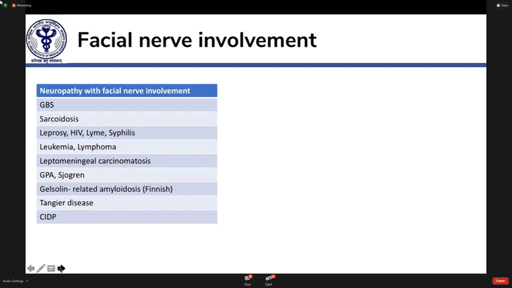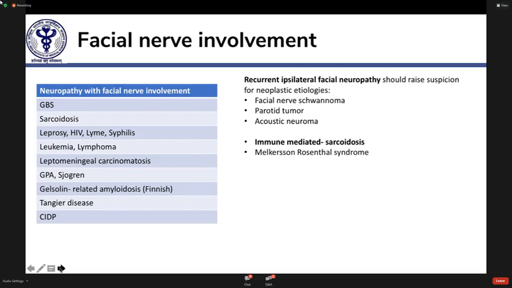Leukemia and lymphoma are also common, with infiltrative conditions, especially acute leukemias like ALL and AML, causing peripheral nerve and facial nerve involvement. Then leptomeningeal carcinomatosis, Sjogren's and connective tissue disorders, Tangier disease, CIDP. CIDP is less common, around 10 to 15%, whereas in AIDP it is very common, about 70%. CIDP is much less common compared to AIDP.